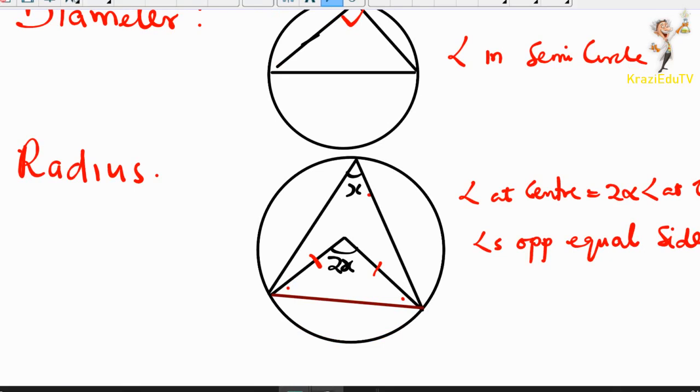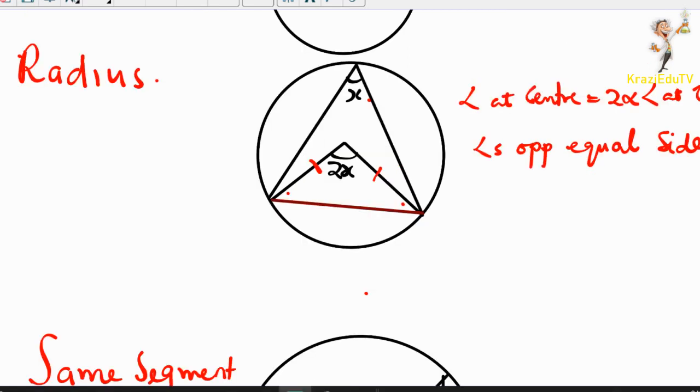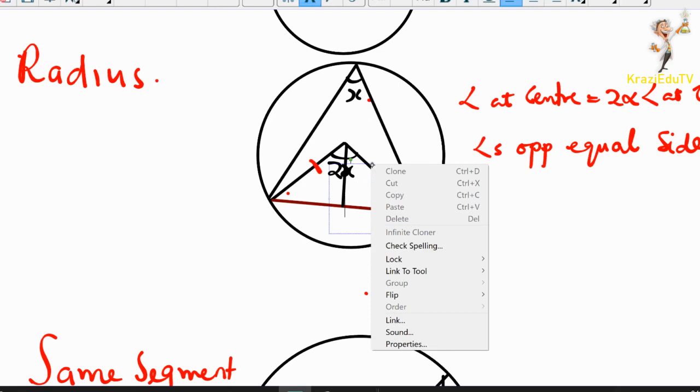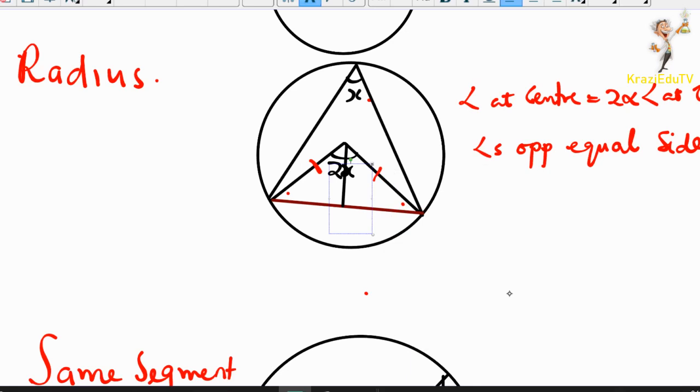That angle drawn from the center, which is theorem 1. So let's put that here as well, that angle drawn from the center perpendicular to a chord will do what? Bisect the chord. So that can just go in there.